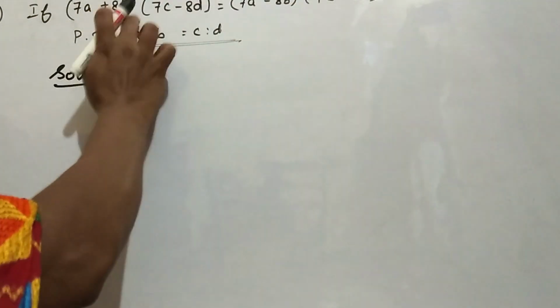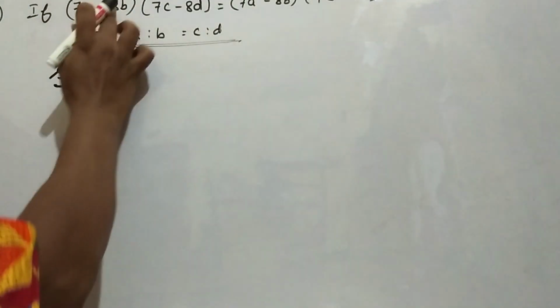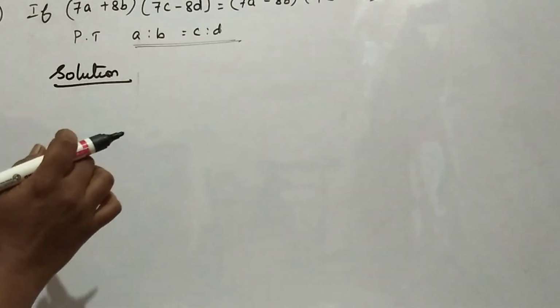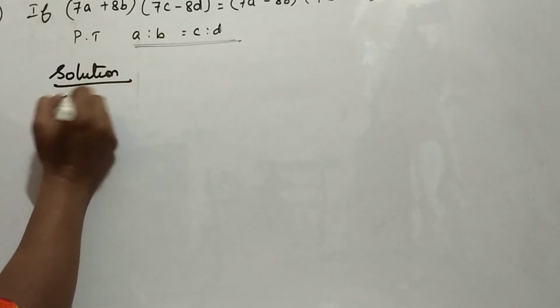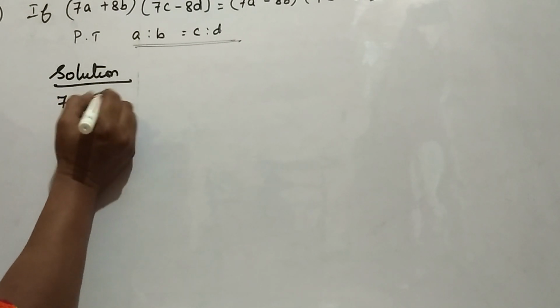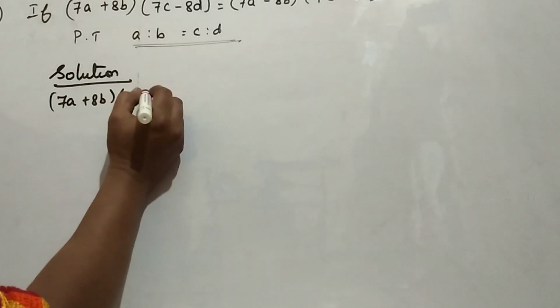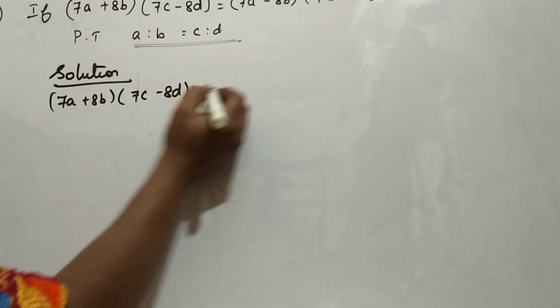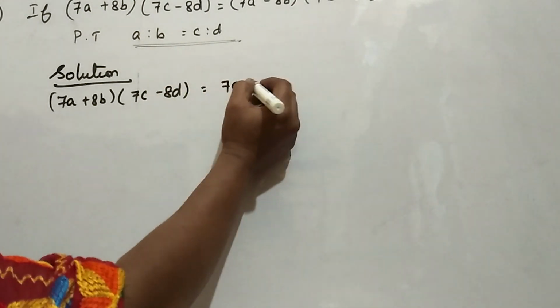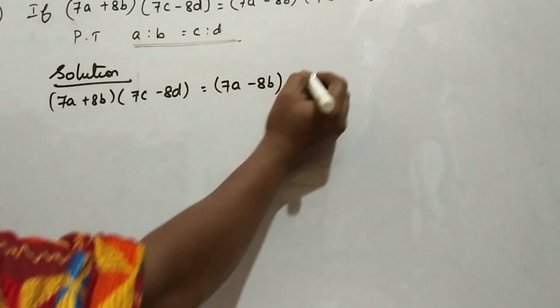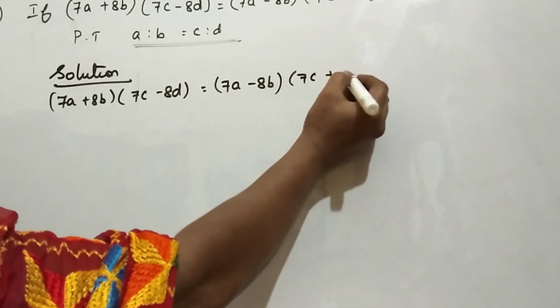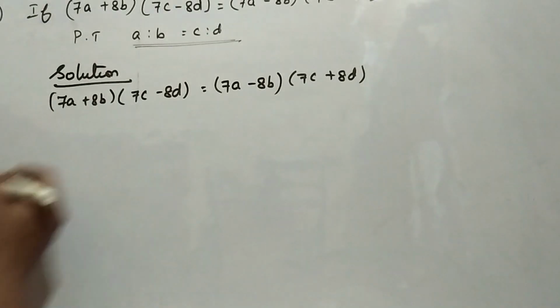First we can take which is given and multiply the brackets. Clear? So 7A plus 8B into 7C minus 8D is equal to 7A minus 8B into 7C plus 8D.